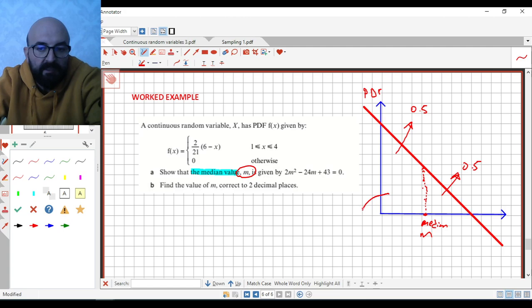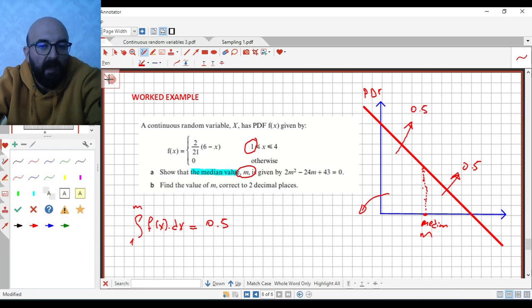So for the median, the integral from 1 to m of f(x) dx should be 0.5, or 1 over 2, because our x value begins at 1. So the lower boundary should be 1.